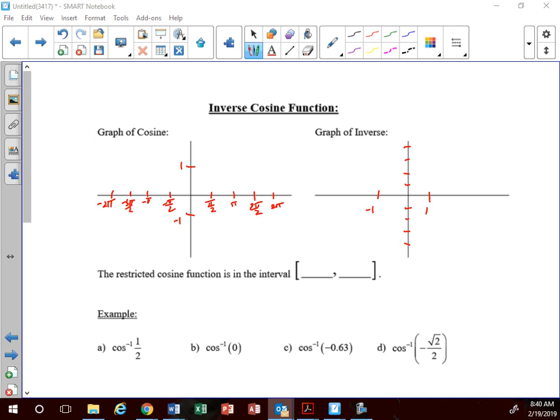I'm going to put cosine up just to make sure everybody's on the right track with that. I'll give you a minute to think about the inverse, talk to each other.